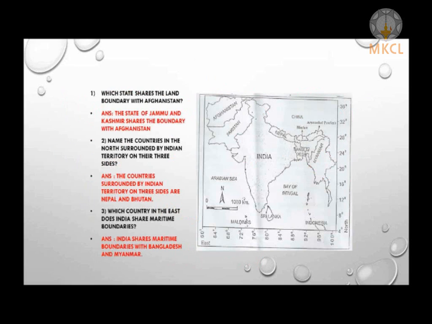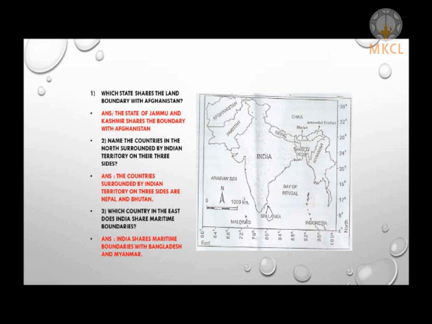Here is an example for you. When you are attempting this question, keep in mind that you should write the answers in complete sentence. Let us see how. The first question over here is, which state shares the land boundary with Afghanistan? Students usually write the answer as Jammu and Kashmir.